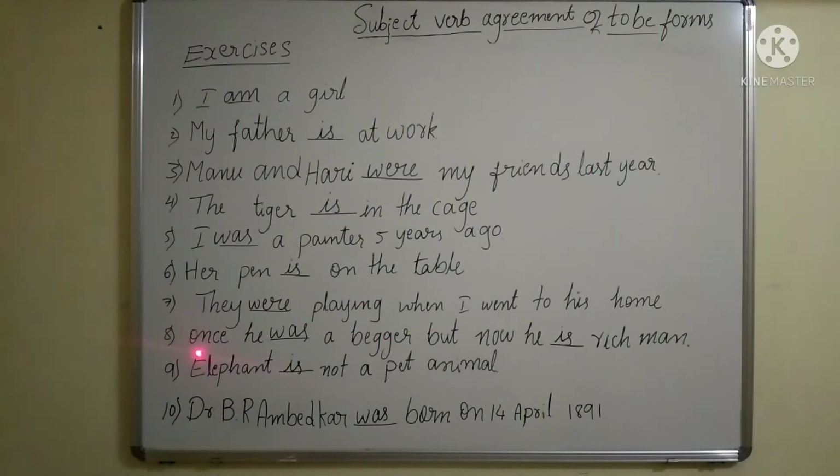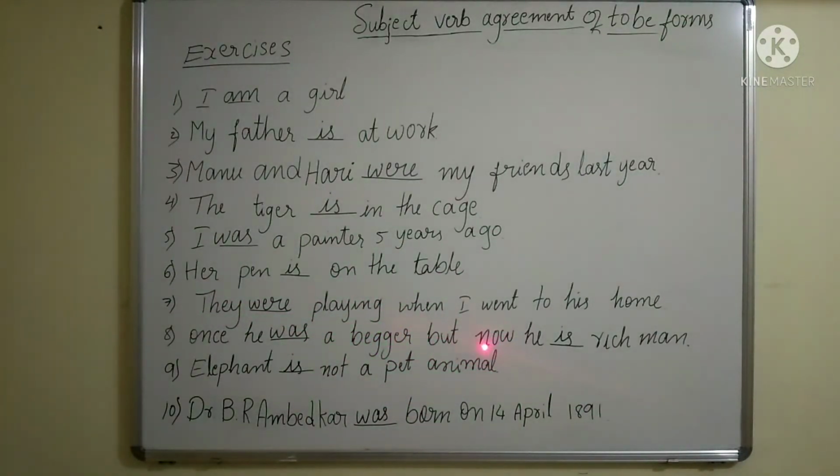Next, eighth one. Once he was a beggar, but now he is a rich man. So, it's very clear. Once, not now. Once indicates something in the past. Once he was a beggar. That man.